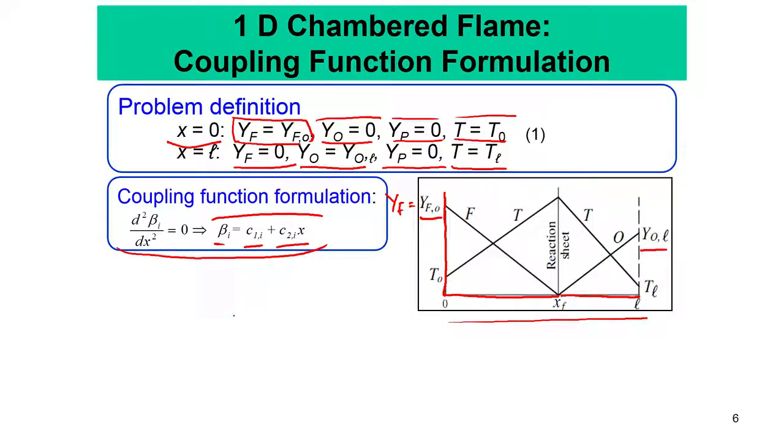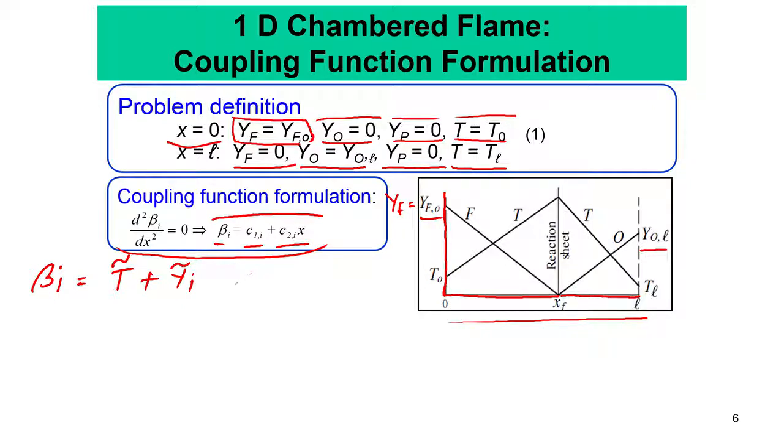There can be different i's for fuel and oxidizer, because your beta i is nothing but your T tilde plus yi tilde. Oh, by the way, we also assume that the Lewis number is equal to 1 here, so the denominator of yi tilde goes away. So it is essentially T tilde plus yi tilde.